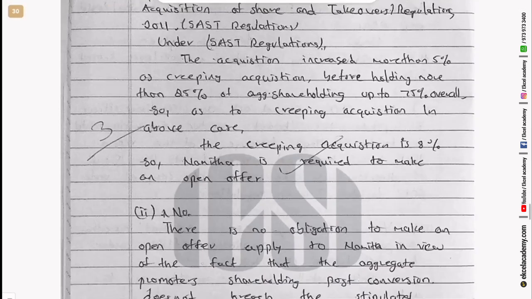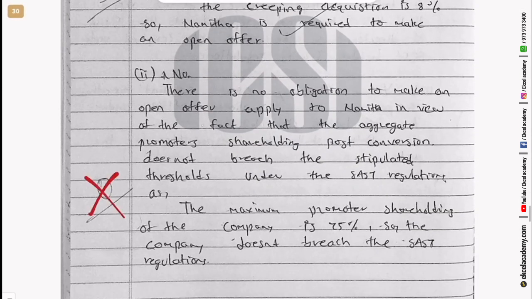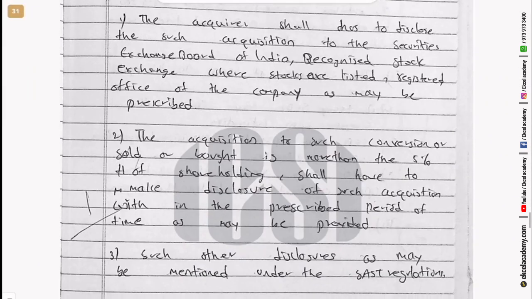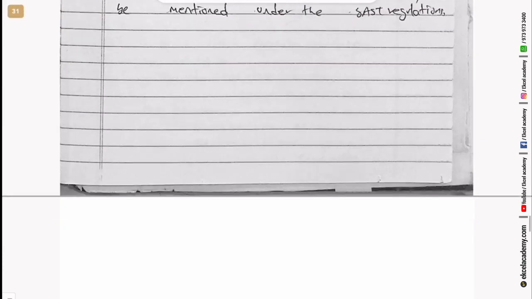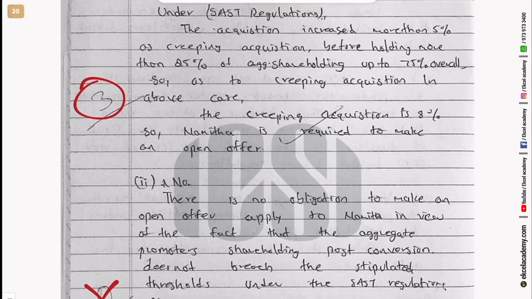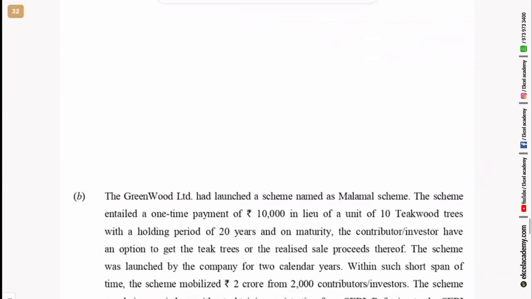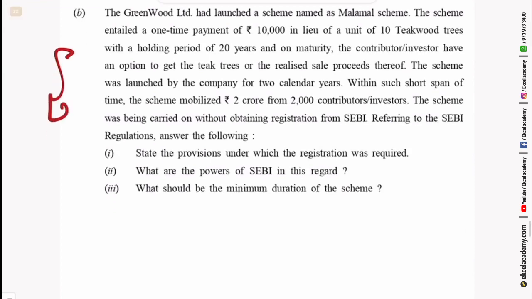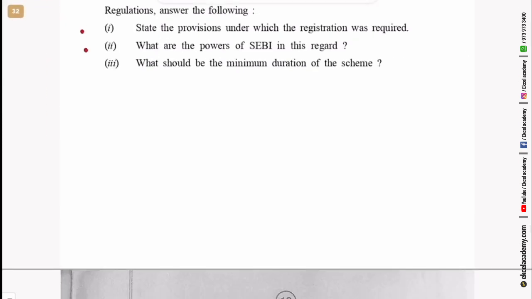Then again he has written very well. This is wrong, so no problem, 0. It doesn't matter, some will go wrong, some you will not get everything right. You will get 1 mark. So overall you are going to get the marks. See here, you got 3. This is how it happens. So don't worry if some things are wrong. It really doesn't matter in the end. Again, they've given the facts and they've given the questions after that.